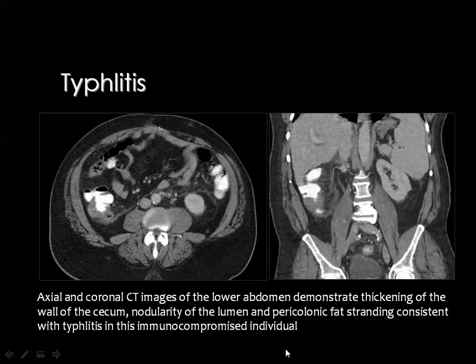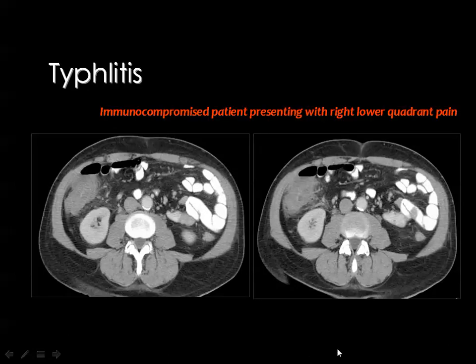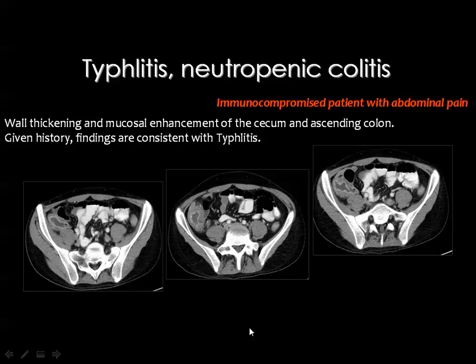And this is a case of typhlitis, and you see thickening in the region of the cecum and the ascending colon with the stranding of the pericolic fat, and this is a well-known immunosuppressed or immunocompromised individual. This is the same case you have seen before, and this is also another example, a lesion which is localized to the right side of the colon, especially the cecum.